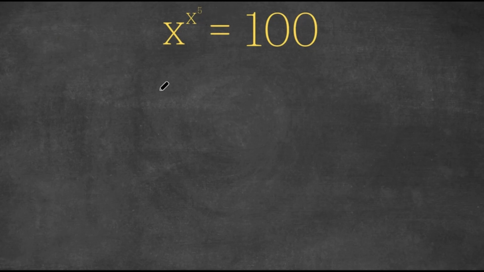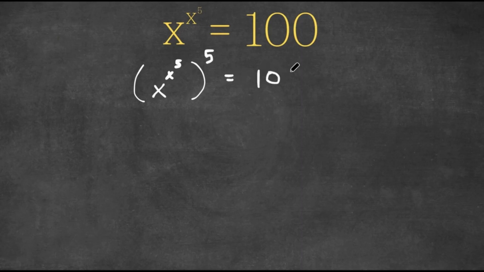Now what I'm first going to do is I'm going to take the power of 5 on both sides. So now we have x to the power of x to the power of 5 to the power of 5, and this is equal to 100 to the power of 5.